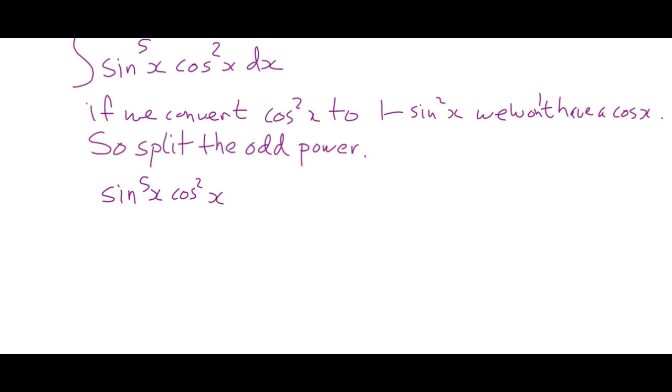Okay, so all I'm doing is working with this. We're removing the integral sign. We're just going to work with the expression, the sine to the fifth x cos squared x. We're going to split the odd power, sine to the fifth, and write it as sine squared x, squared, which is what power? 4, right? So that's sine to the fourth x. And then we've got a cos squared x, and we've got a single sine x.